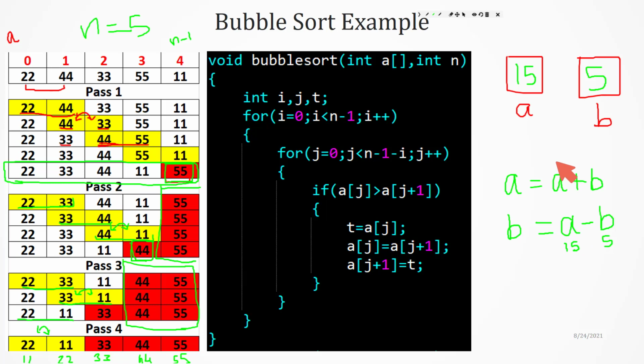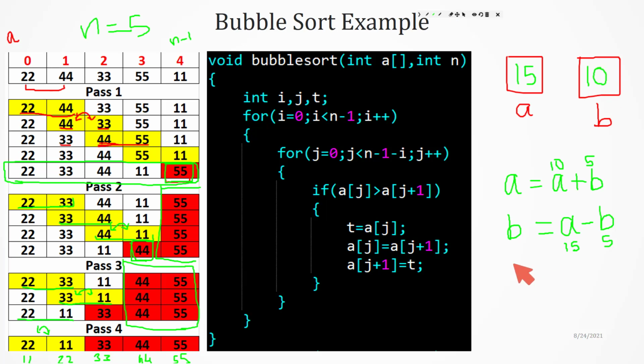Here earlier A is 10, B is 5. Okay. 15 minus 5 is 10. So B will get the value 10.